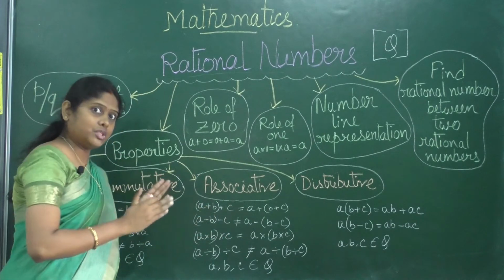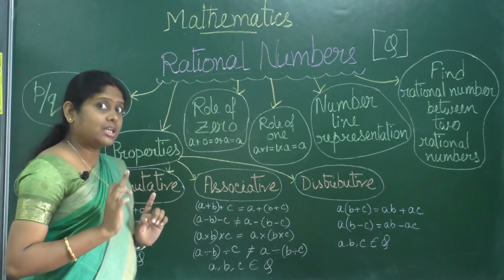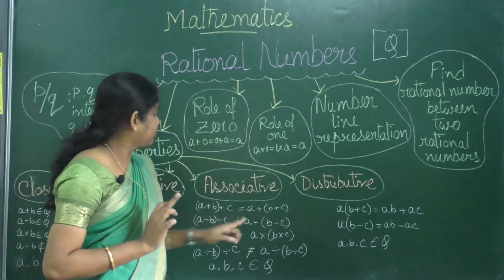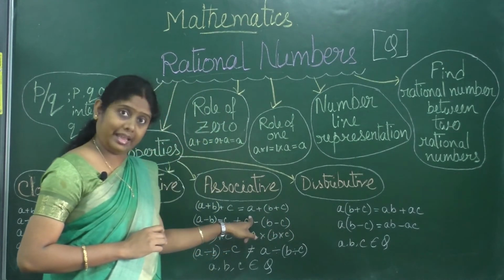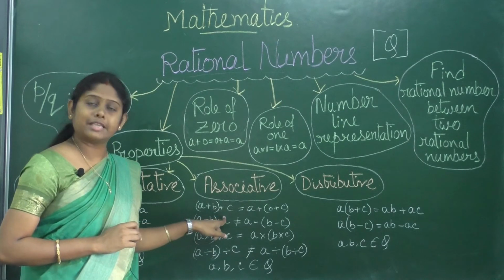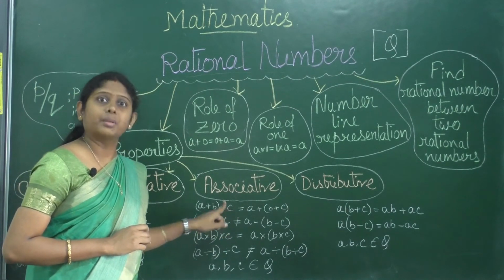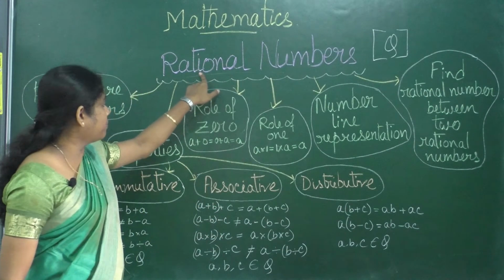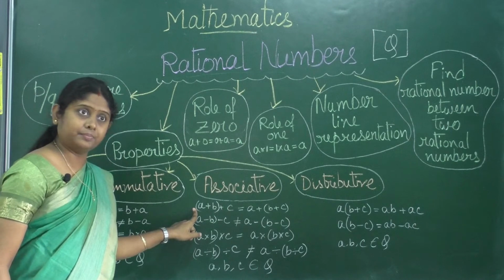Here first we are adding a and b, then c. The answer will remain the same if we add b and c first, then a. So this is the associative property statement for addition. Both are equal, means rational numbers are associative under addition.